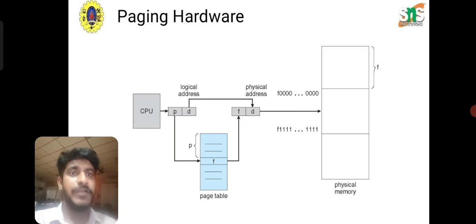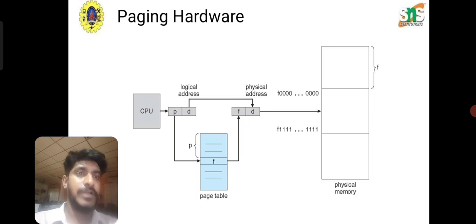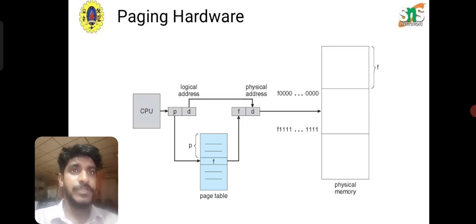The paging hardware uses this concept of a page table to reduce unwanted usage of main memory. You can see the paging hardware in this picture.